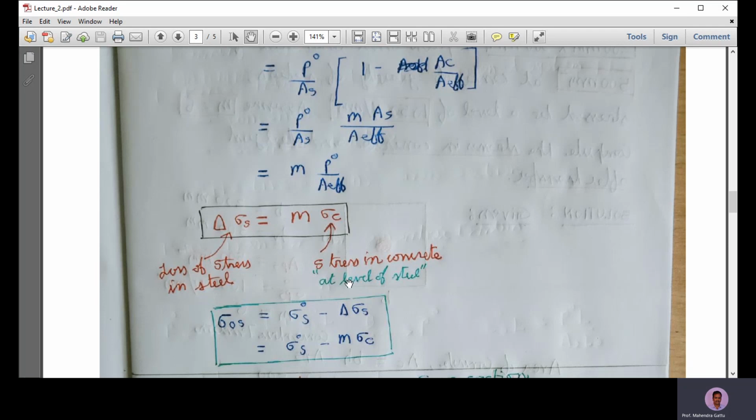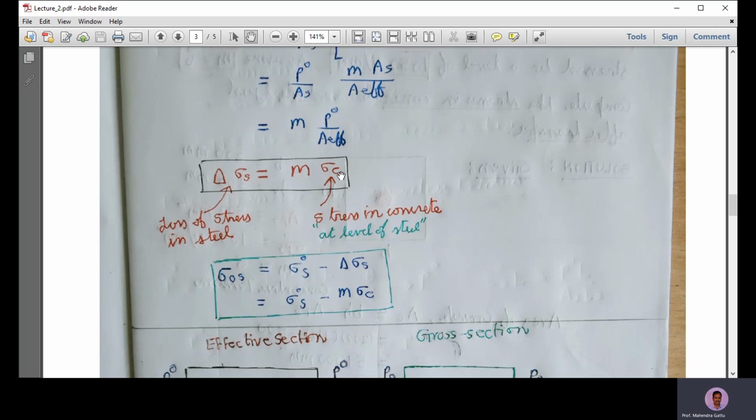So I'm just writing this small thing, stress in concrete at the level of steel. The reason I'm doing it is when you analyze eccentric tendons, we will be looking into the loss of stress in steel, and the associated stress in concrete will be corresponding to the level at which the steel is placed.